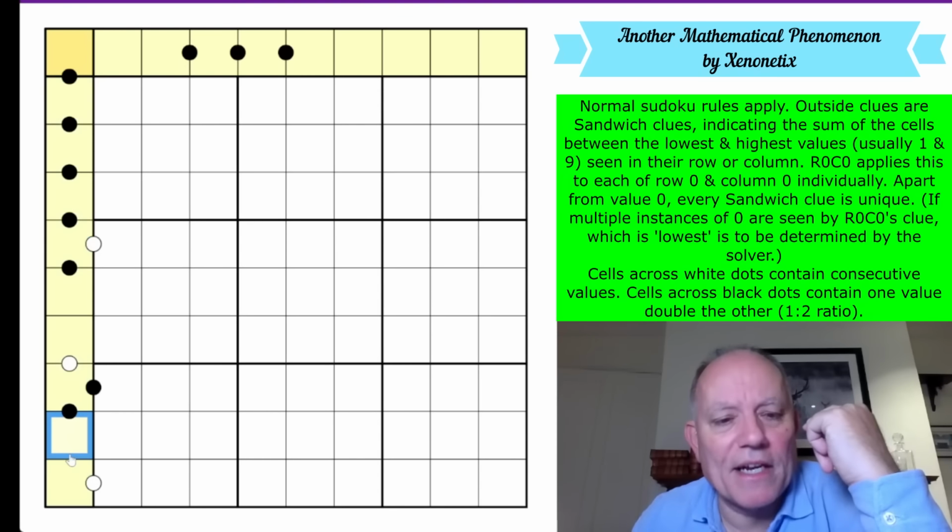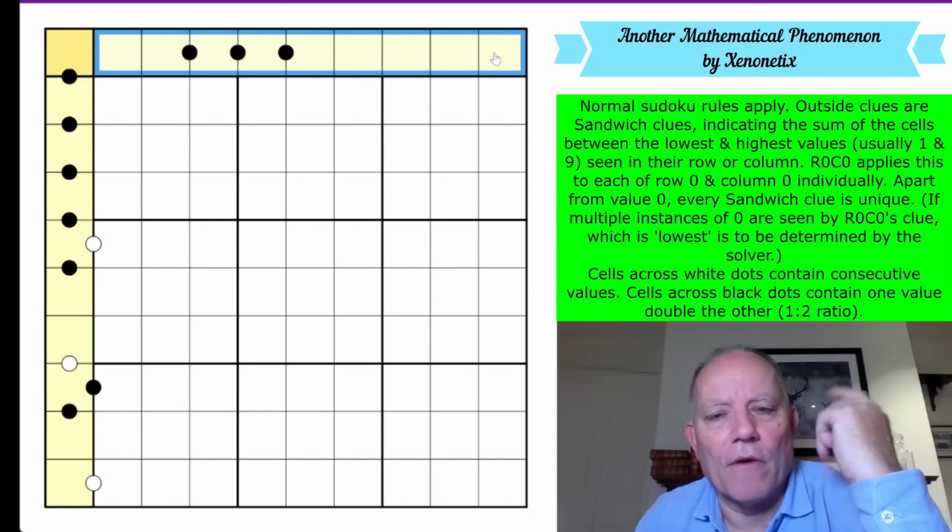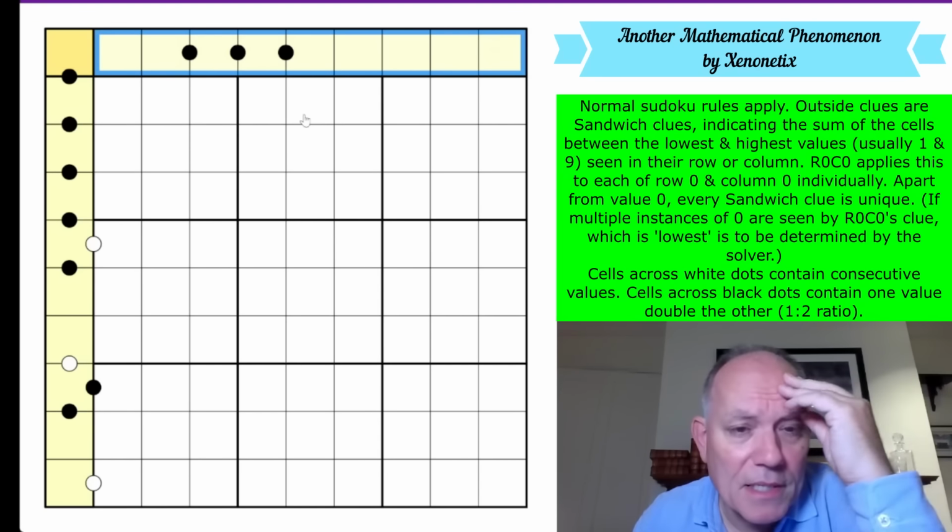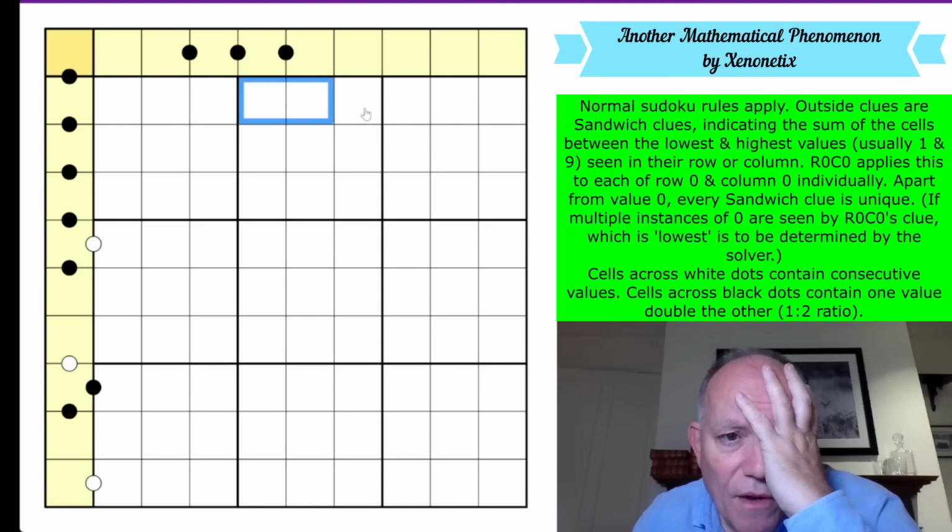But there must be a number that is not 0 in this column and row. There must be in each of them, because in some case you're going to have a 1 and 9 in the top row that can't both be matched by a 1 and 9 below. I mean, I suppose you could have that.